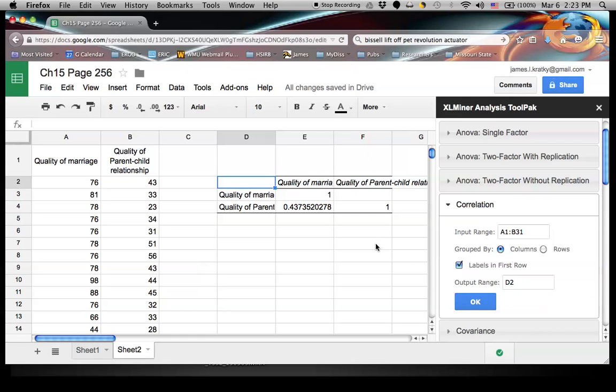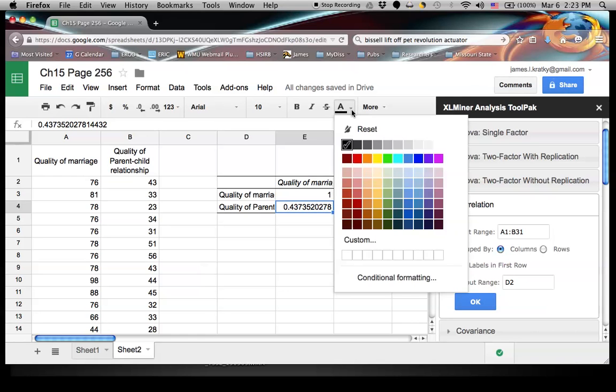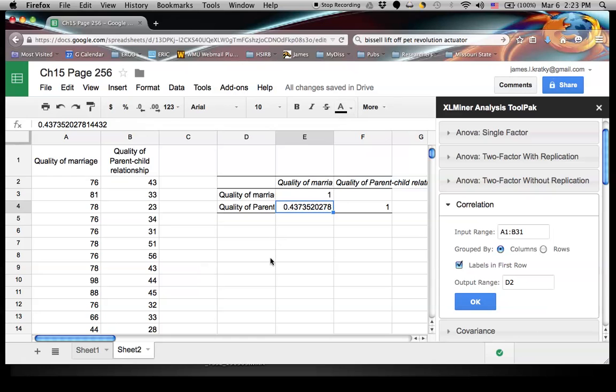Okay, so here is our correlation coefficient. You'll note that that is different from the correlation coefficient that's printed in the book. I believe that they made an error in their calculation. I think they used the first 17 values and not all 30 values that were included in the data set.